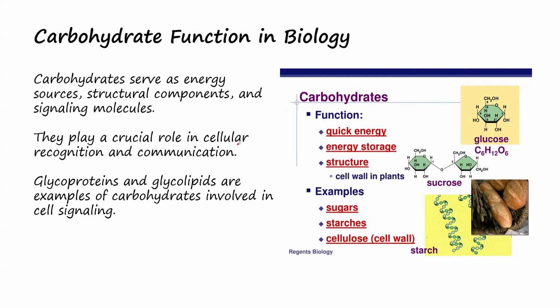They play a crucial role in cellular recognition. It is very important, this carbohydrate plays a role in cellular recognition. For example, how one cell recognizes its own cell, how one cell recognizes that a particular cell is not a human cell. How do we react to pathogens?